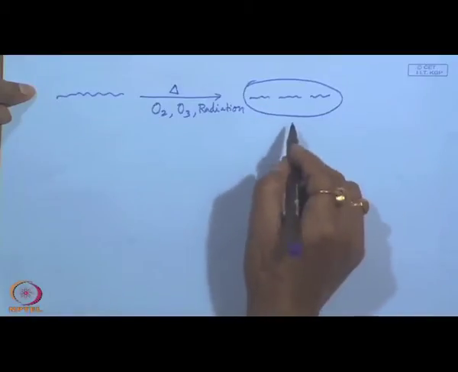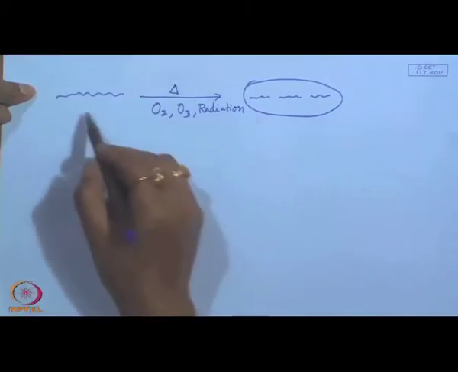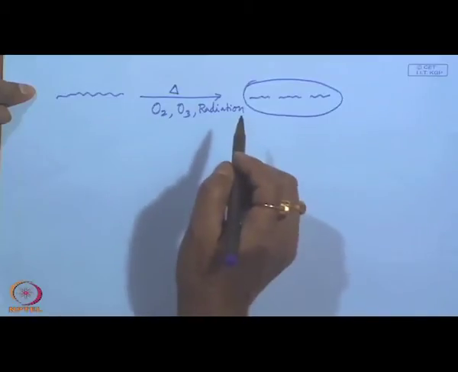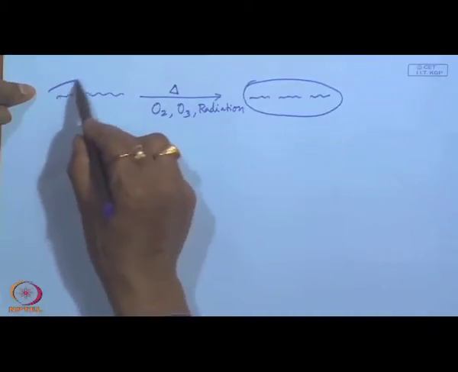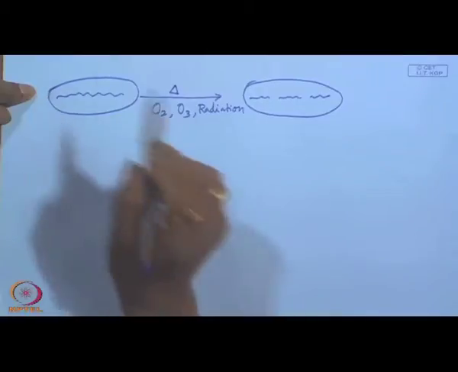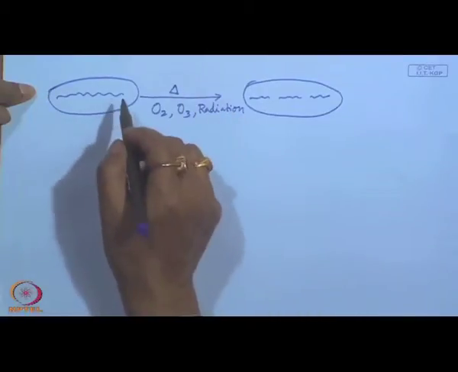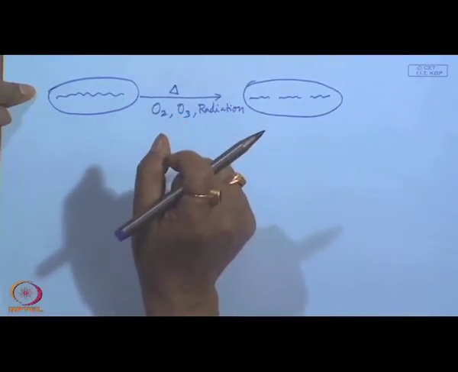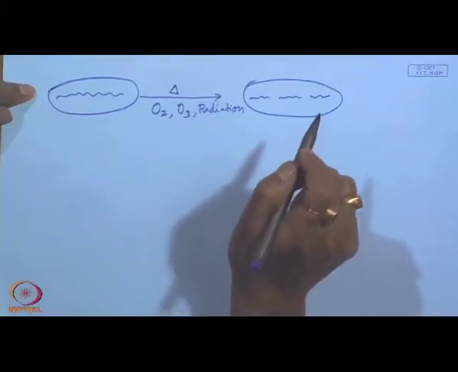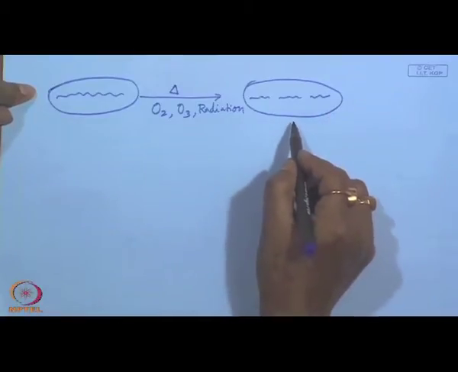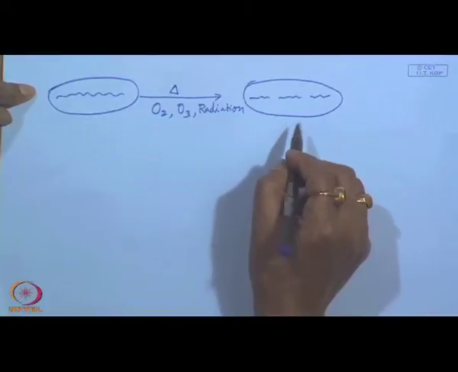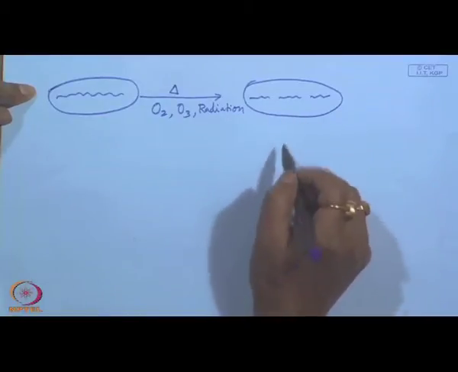Naturally, the properties of these polymers will be affected. That means the properties of polymer molecules having full molecular length, molecular weight will not be available after it is degraded. That means the product is destroyed due to the degradation of the polymer chain.